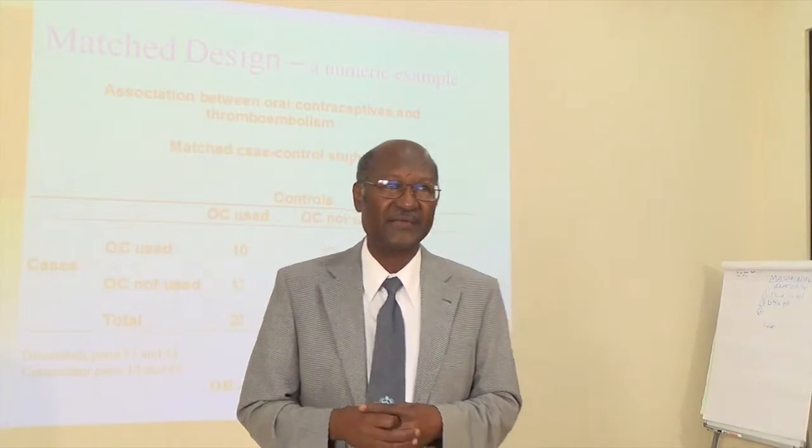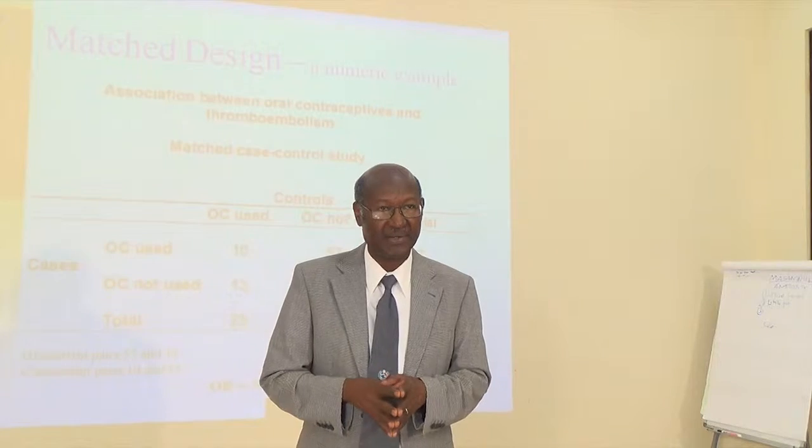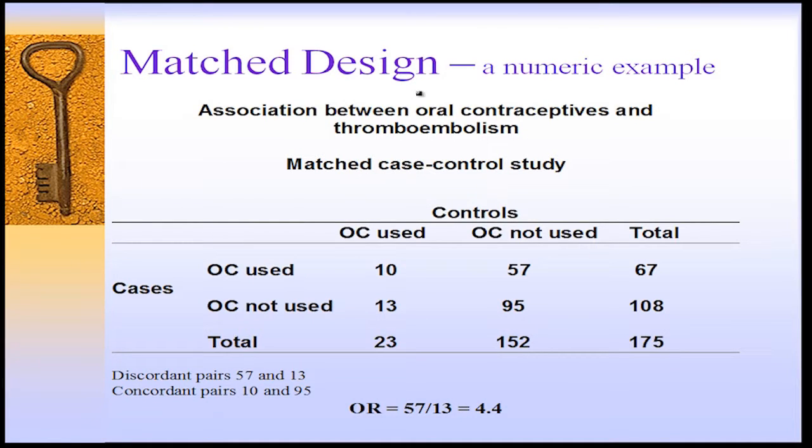If we give a numeric example of the matched design, here we are considering the association between oral contraceptive use and thromboembolism. In a matched case control study, we have controls who used oral contraception and controls who did not, and cases who used oral contraception and cases who did not.